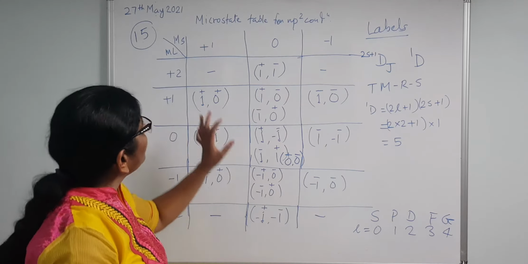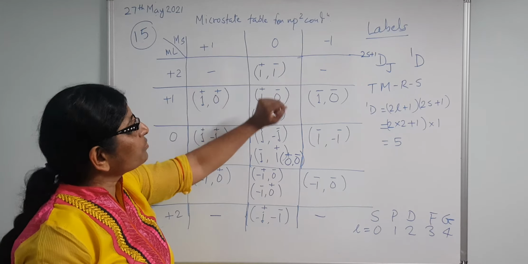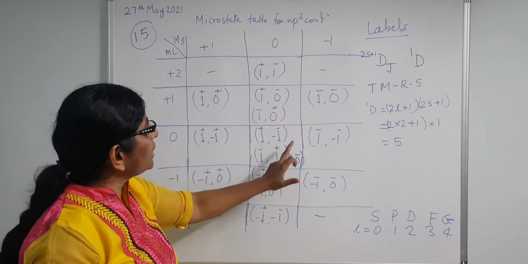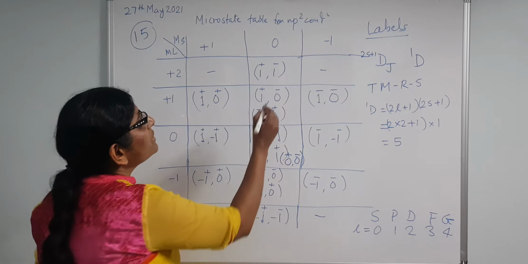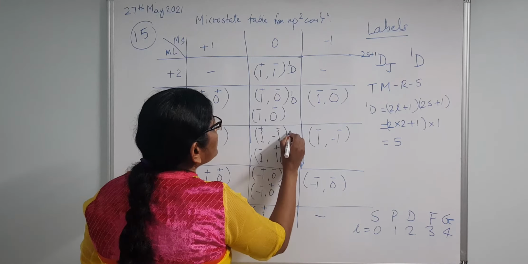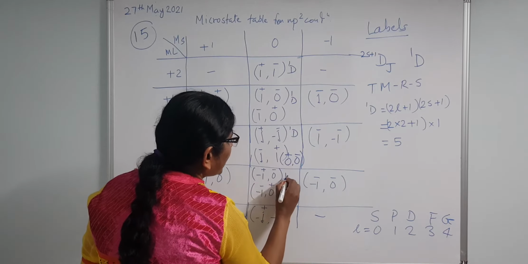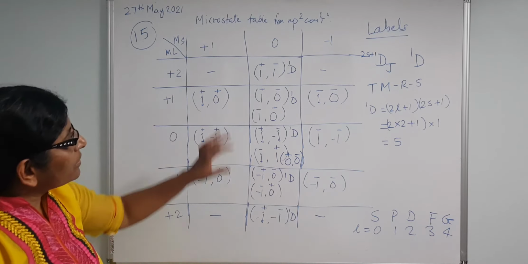If you see in this NP2 microstate table, there are only 5 blocks where MS is 0: 1, 2, 3, 4 and 5. All these microstates will have this 1D symbol. It doesn't matter where you write, you have to write in that block. So this we have labeled.